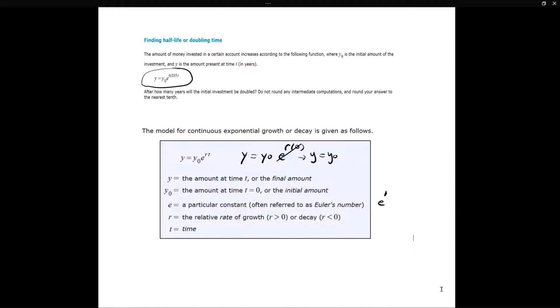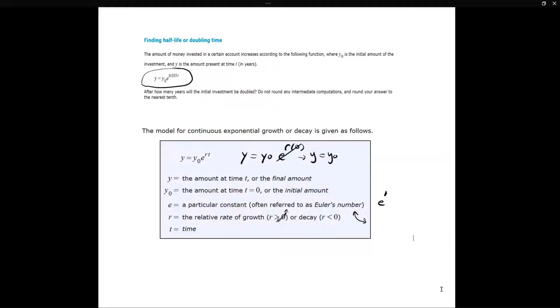It's not something you would round. r is the relative rate of growth, and r can be greater than 0 or less than 0. If it is less than 0, then it's a decay, something decaying, and if it is positive, then it's something growing. And t, of course, is time.